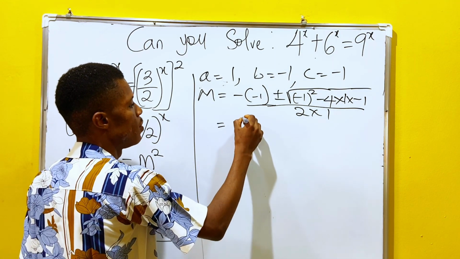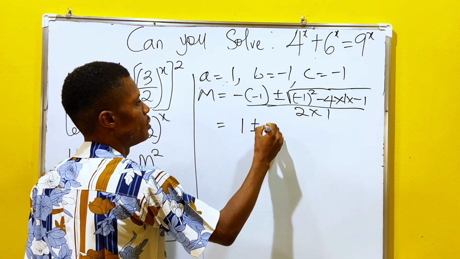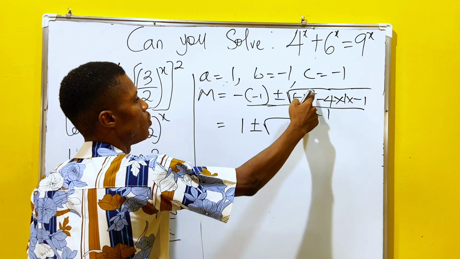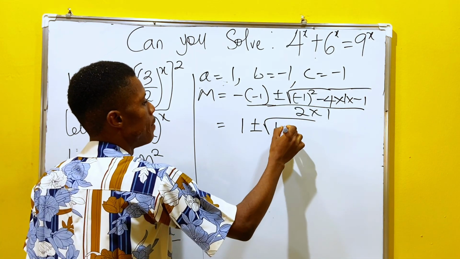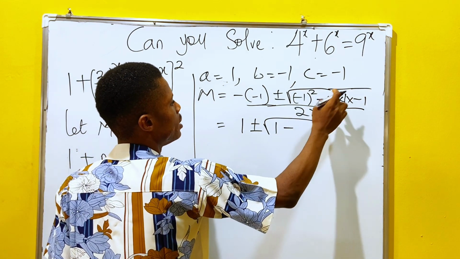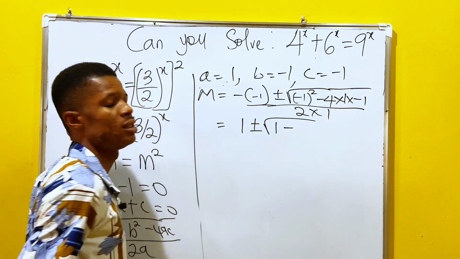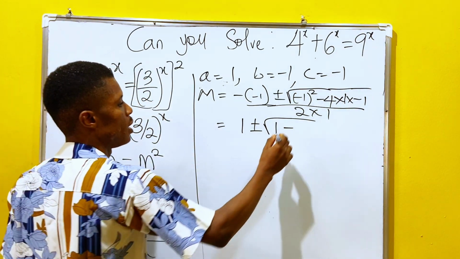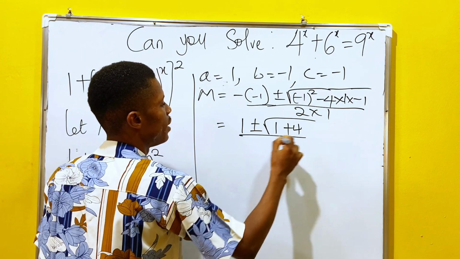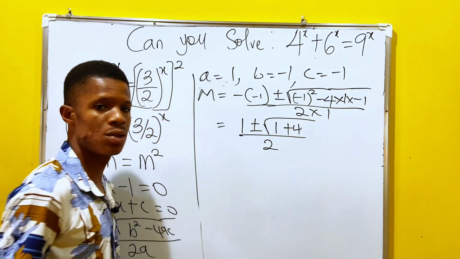We have it as 1 plus or minus the square root of 1 squared is 1, minus 4 times 1 is minus 4. Minus 4 times minus 1 is plus 4. We have it as plus 4, divided by 2. 2 times 1 is 2.